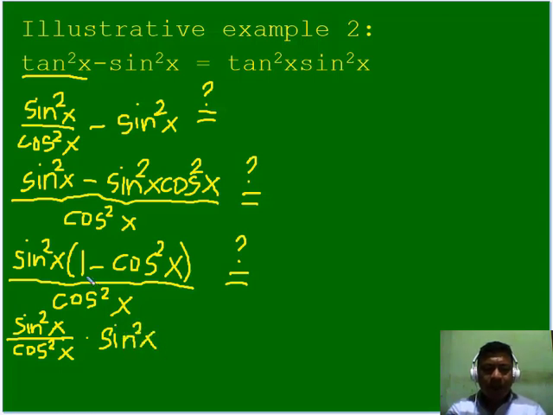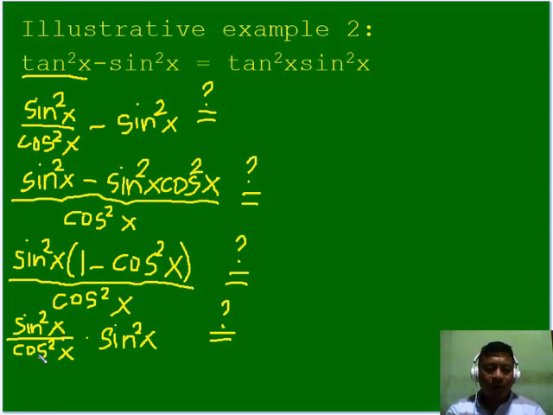Since, take note, 1 minus cosine squared x is equal to sine squared x, applying Pythagorean identities. So again, we're going to place a question mark here since we are not yet sure whether this is equal to the right side of the equation.